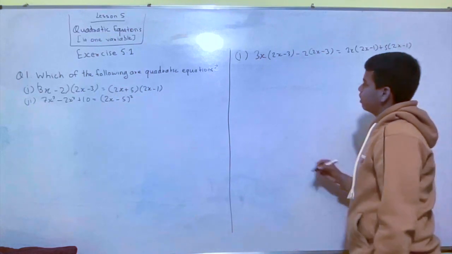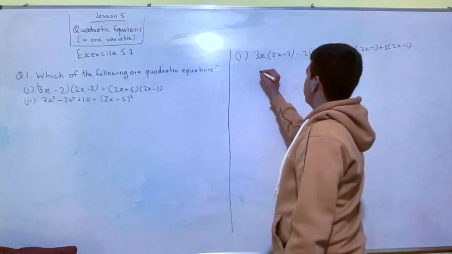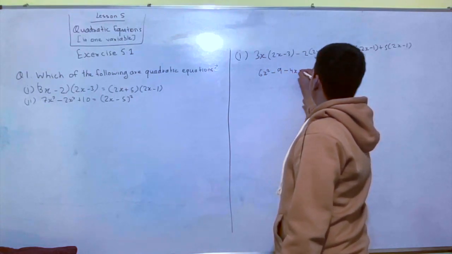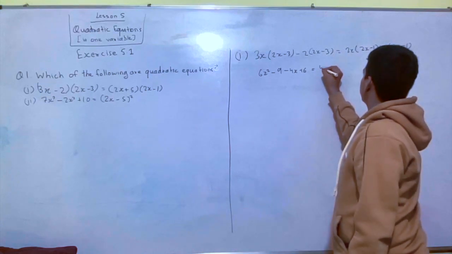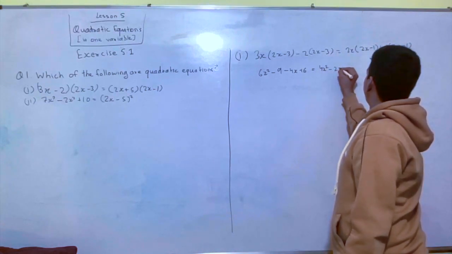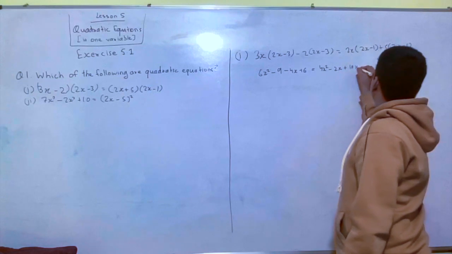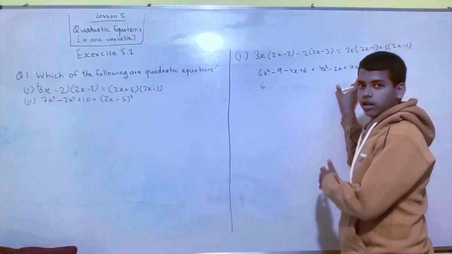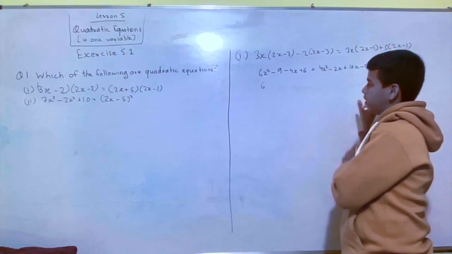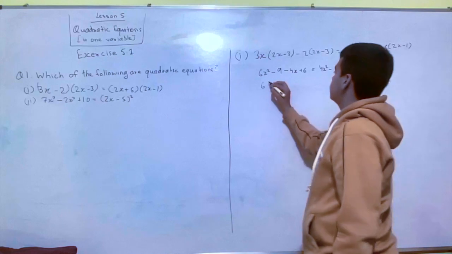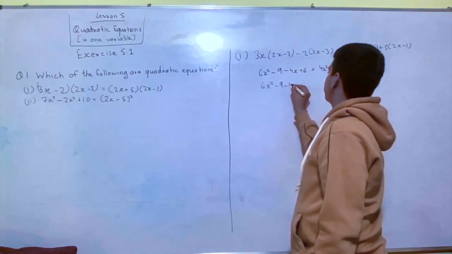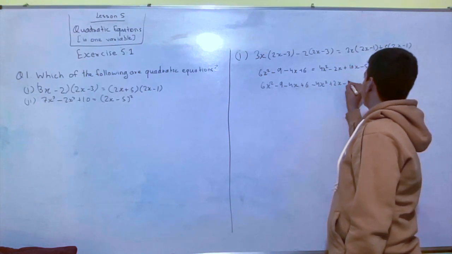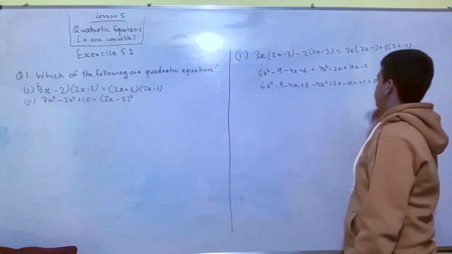Multiplying this gives us 6x square minus 9x minus 4x plus 6 is equal to 4x square minus 2x plus 10x minus 5. Now let's take all the terms from the right side to the left side. So 6x square minus 9x minus 4x plus 6 minus 4x square plus 2x minus 10x plus 5 is equal to 0.